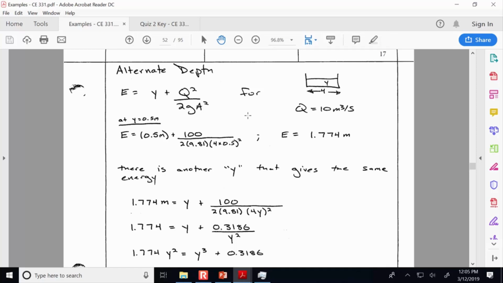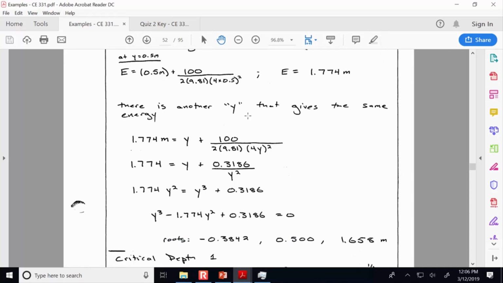So there's going to be multiple roots to solve this equation. If we just rearrange it, it's y cubed minus 1.774 y squared plus 0.3186 is equal to 0. And if you put it into your calculator, what you'll find is that the three roots of this, one of them is negative 0.3842.